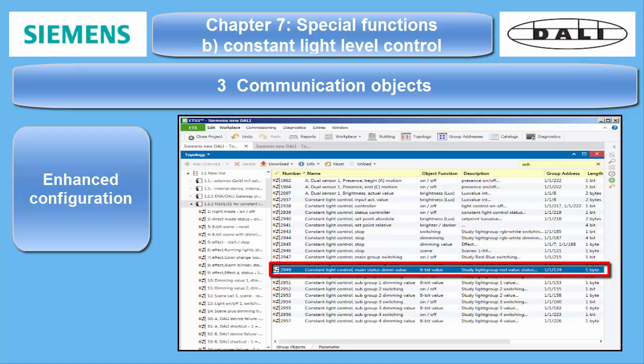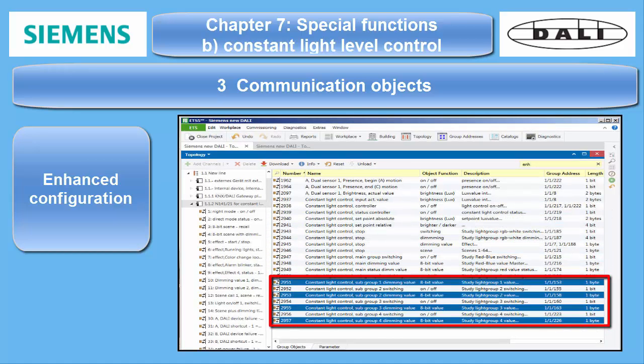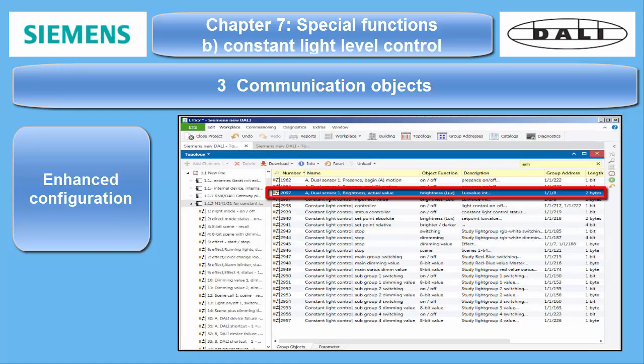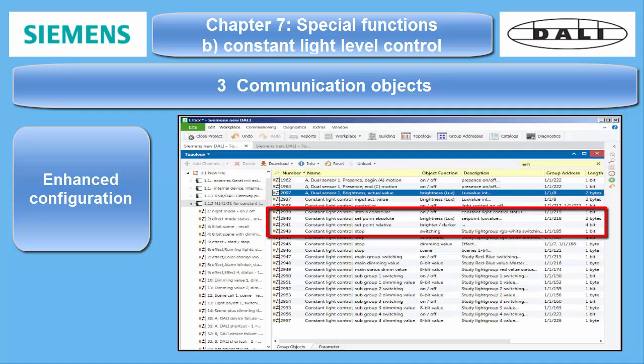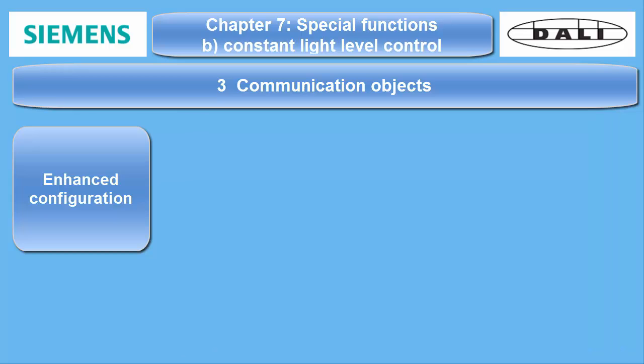Main dimmer status value, set point, 4 times subgroup control value, 4 stop objects, 1-bit, 4-bit, 8-bit and scene control, room actual brightness, and 5 times switching for each lighting group. C. Calibration.